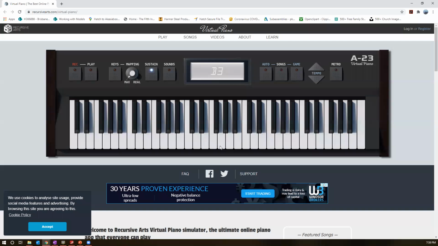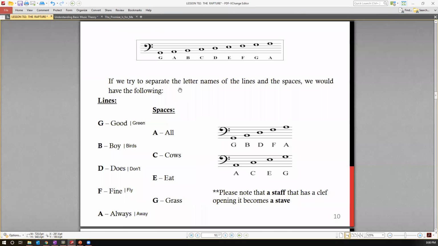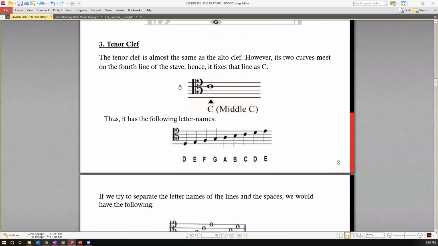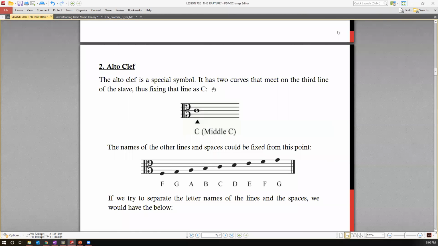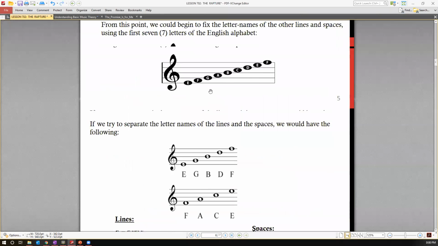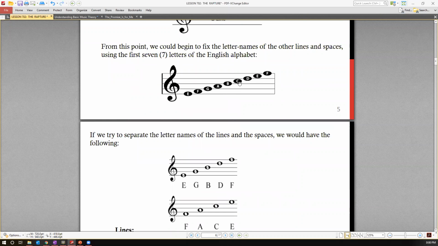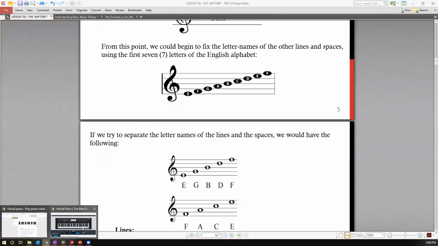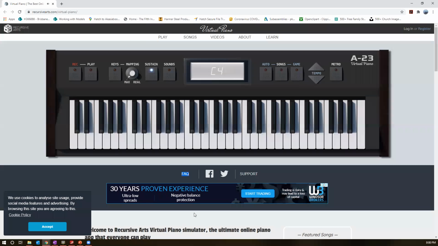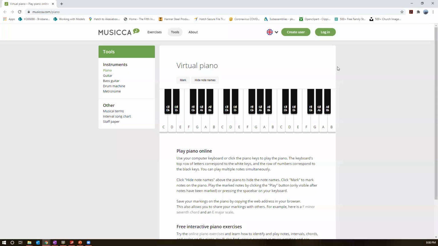So remember, say for example, our C is this one we have here. Or alternatively that C there.